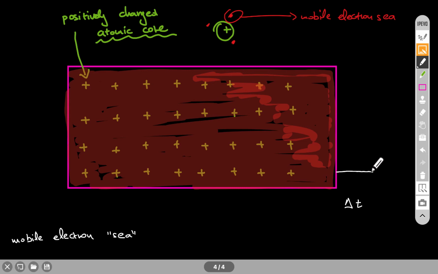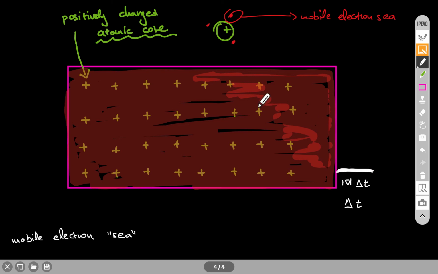This length, the shift, is going to be equal to the speed of the mobile electron C times delta t. Remember, speed equals distance over time. And if you want to solve for the distance, just multiply the speed with time. So I'm using the speed of the mobile electron C, and I am multiplying it with the time. This will give me this length.